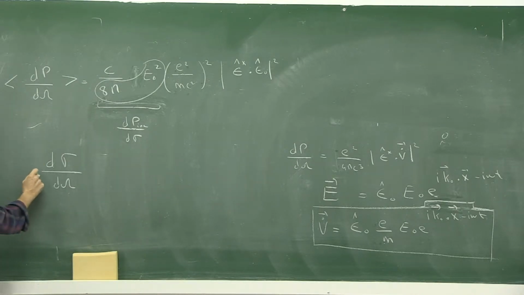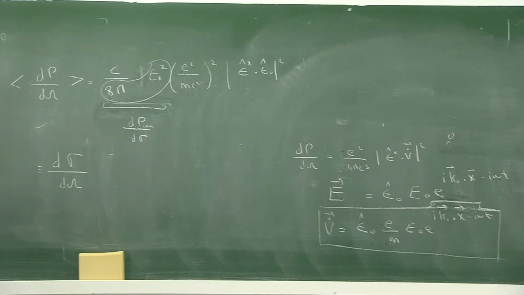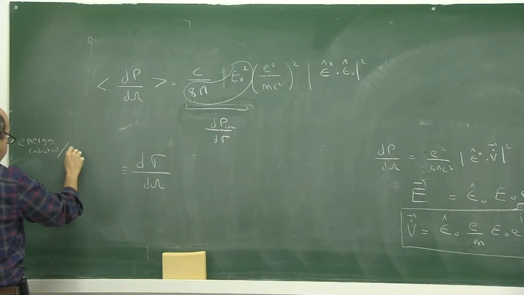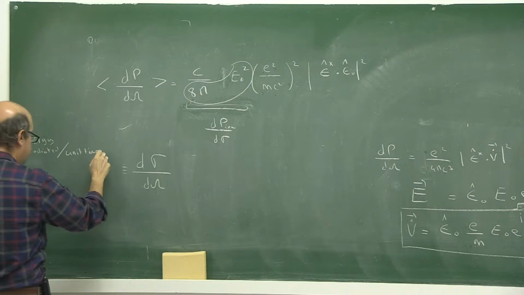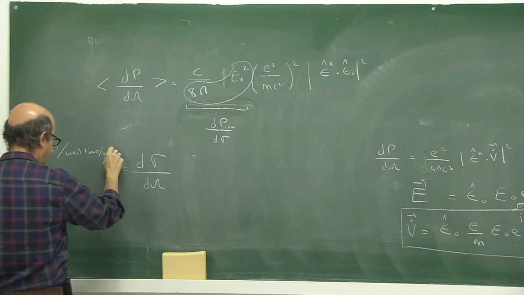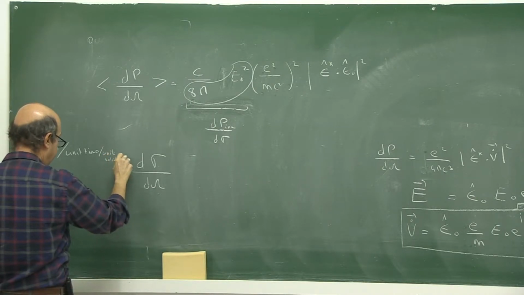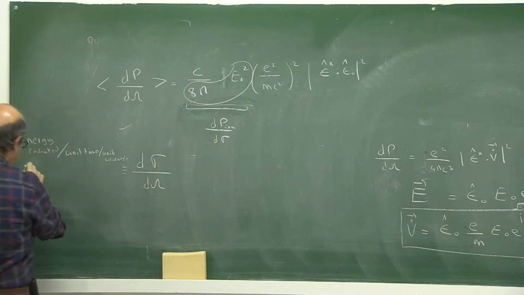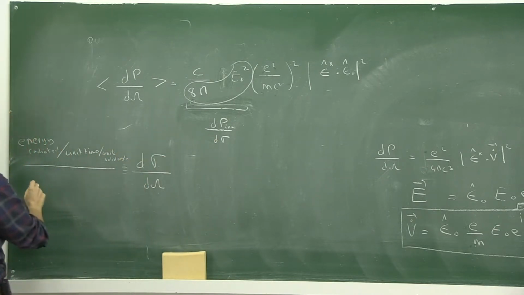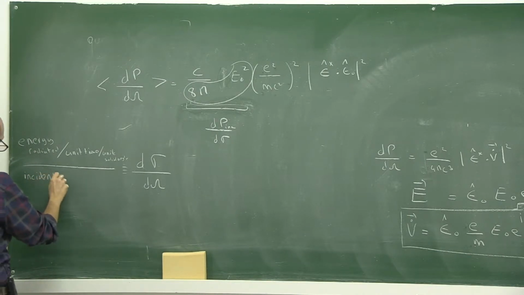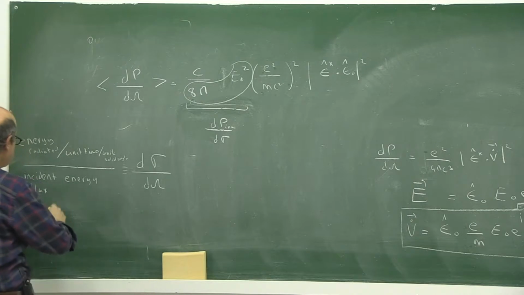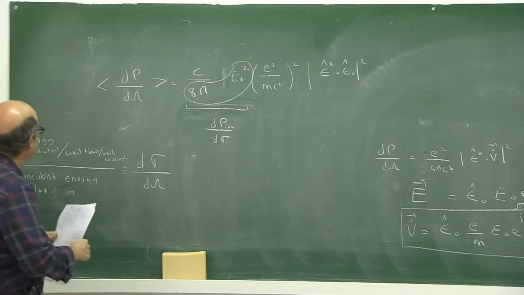So the definition is the following. Let us write the left hand side. That is the energy radiated per unit time, per unit solid angle, this term, divided by this, that is the incident energy flux. So the unit is per unit time per area.